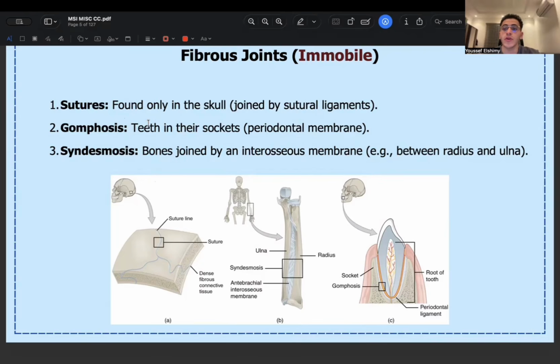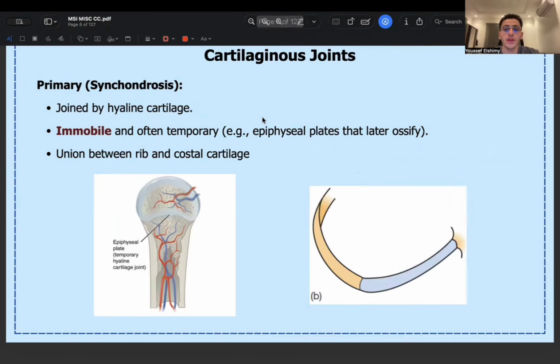Fibrous joints in general, they are immobile. This includes the sutures, which are the linings or the joint that joins the bones in the skull. We have the gomphoses, which is the joint between the teeth and their sockets, as well as the syndesmosis, which is the interosseous membrane between bones like the ulna and the radius, as well as the tibia and the fibula.